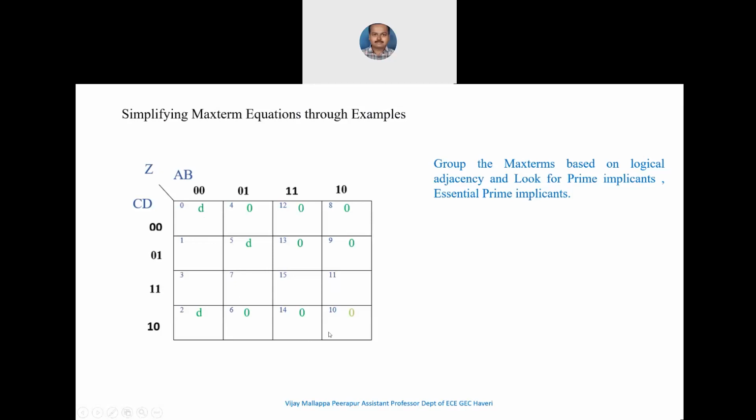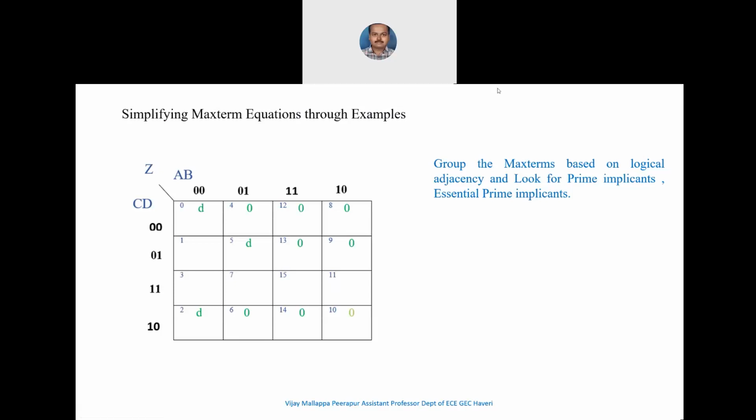Right? The cell 0 is D, the cell 5 is D, the cell 2 is D. Now make the grouping. Everyone make the group now. How do you make the group now?